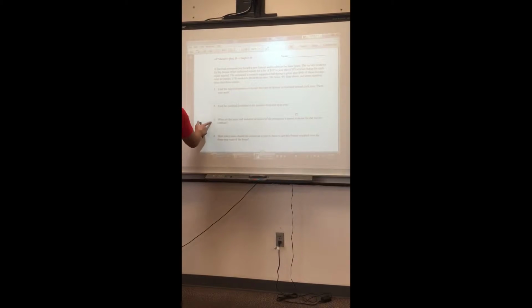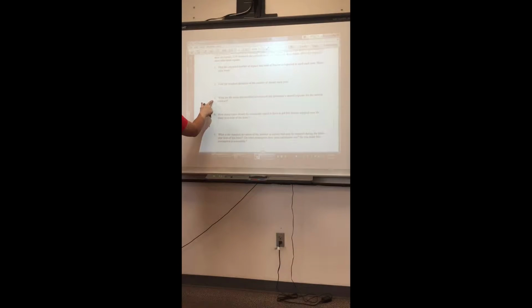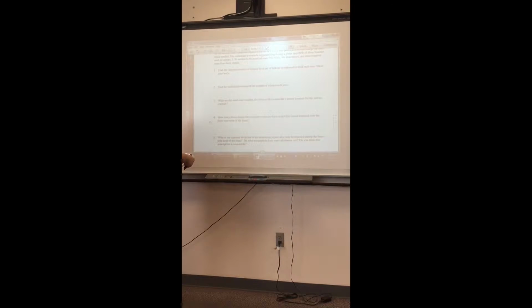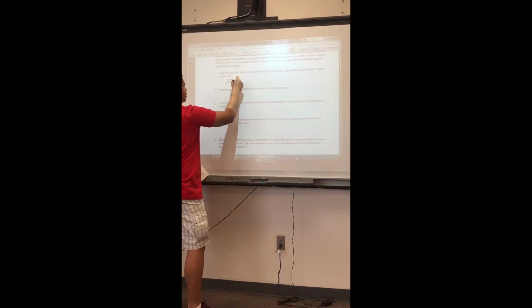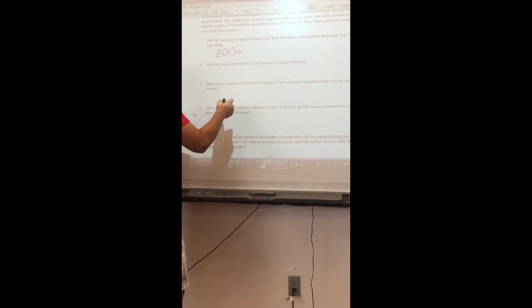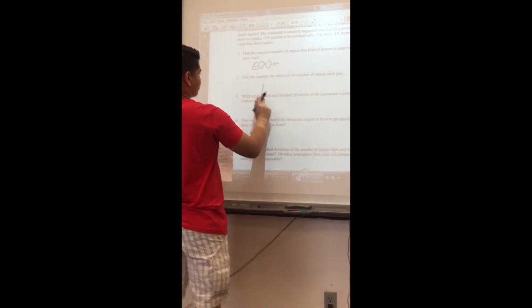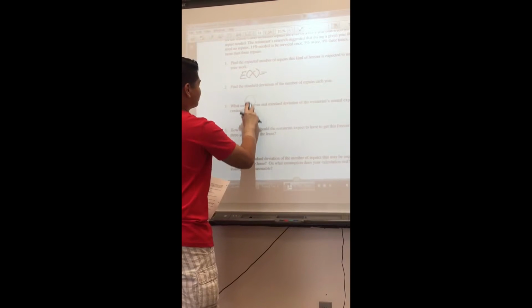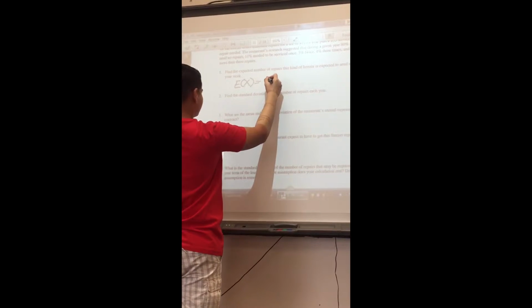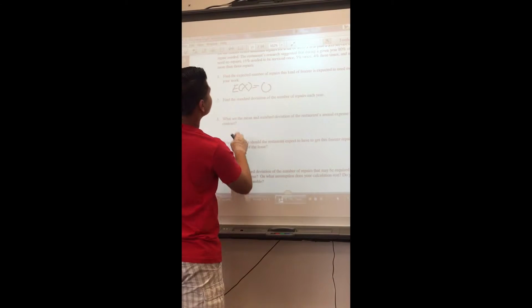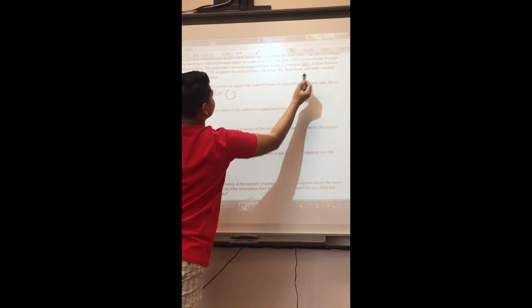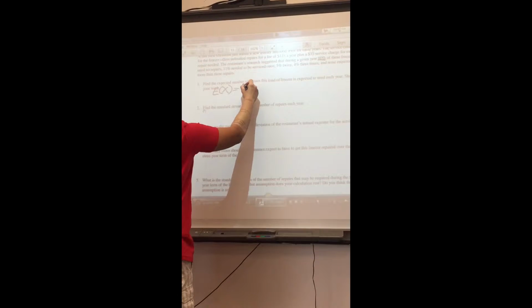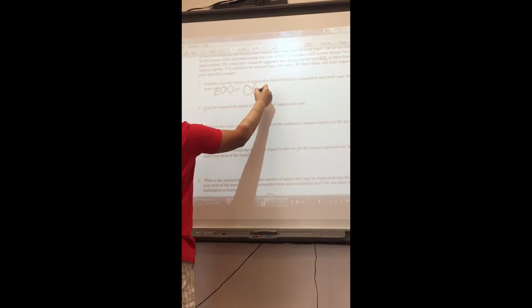So, number 1, find the expected number of repairs this kind of freezer is expected to need each year. This is how you find it. So 80% of these freezers needed no repairs, so no repairs is 0 times 0.80.